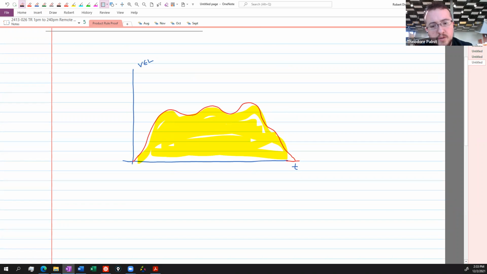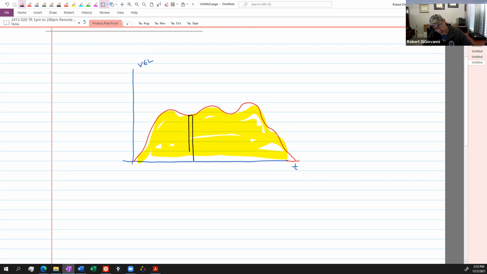Imagine just a little small sliver of this right here. If I wanted the area of just that little sliver, this little left and right would be a measurement of time, wouldn't it? And what would this be?